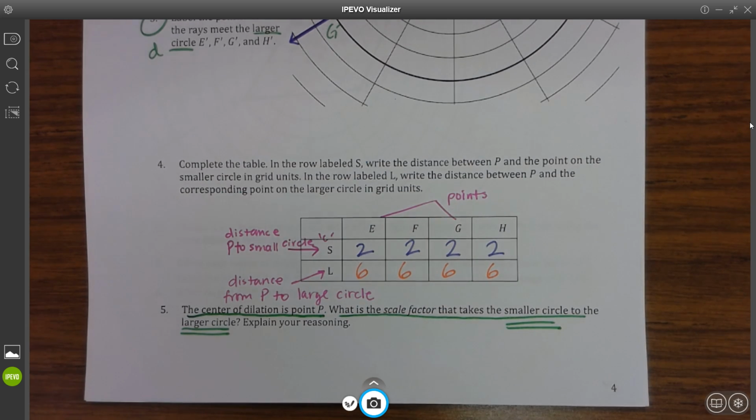So for example, it's doubled, or it's tripled, or everything is quadrupled, right? Or it's cut in half, or it's in fourths. So those are scale factors. So how do you think it changed from the small circle to the bigger circle? If we look at the table.